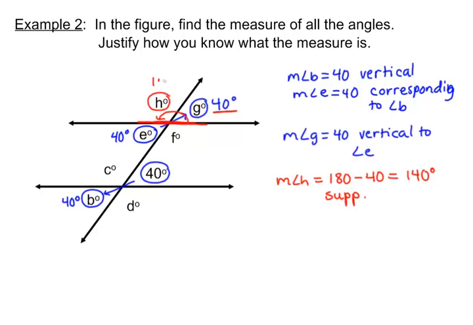So here we've got 140 degrees. Angle F is also 140 degrees because of vertical angles. Angle D is 140 degrees because of corresponding angles. And angle C is 140 degrees because of vertical angles as well. Okay, I didn't finish out the writing, but if you have a problem like this, you're going to want to finish out your justification. Okay, those are vertical angles and parallel lines and transversals.